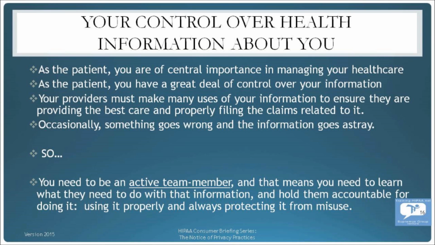So you need to be an active team member. And by learning how this information is handled, used, collected, and disclosed, how it's processed, and who uses it, you can be an active team member by learning what needs to happen with that information and to hold your providers and their associates accountable for what they do and making sure that they always protect it and use it in a proper way.